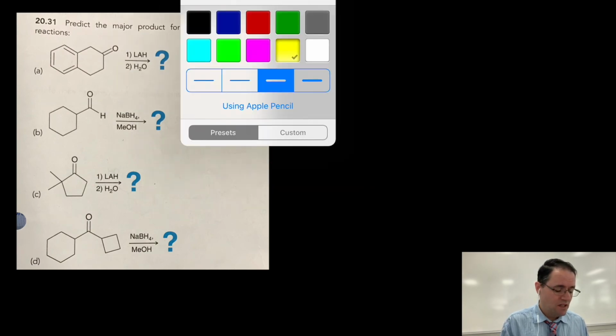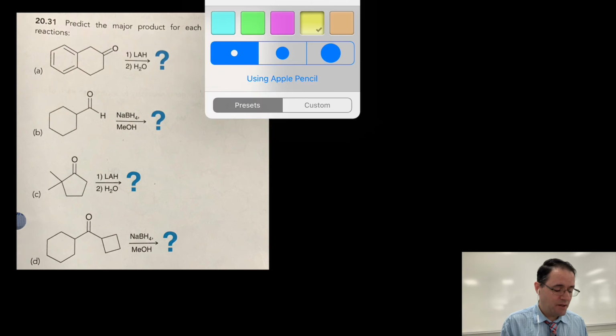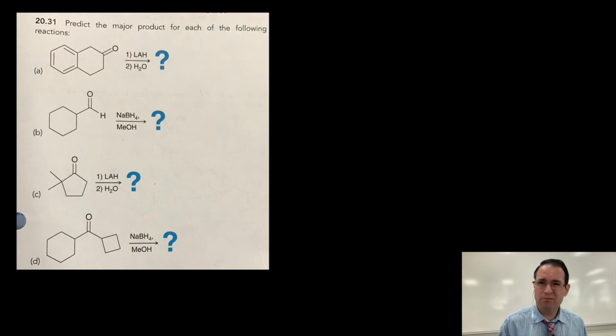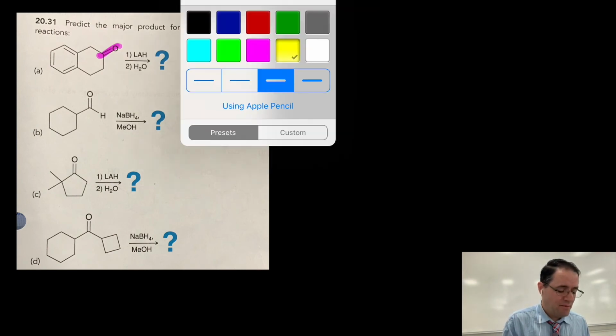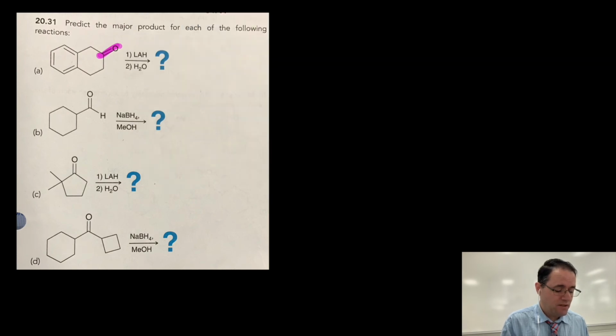Problem 31 in the textbook says predict the major products for each of the following reactions. So let me use my highlighter pen here, maybe change it to purple. I think I might be able to see it. So again, you identify the carbon-oxygen pi bond, and you want to recopy your molecule, but you just want to make sure that you have an alcohol at that position, okay?